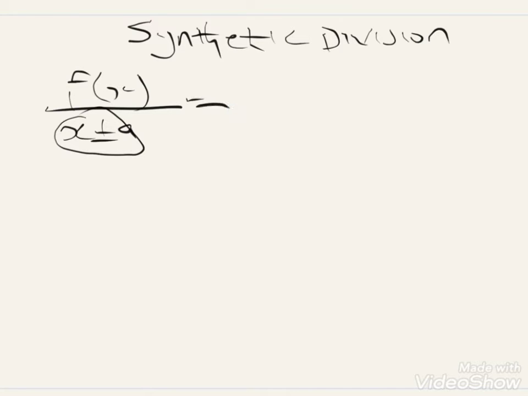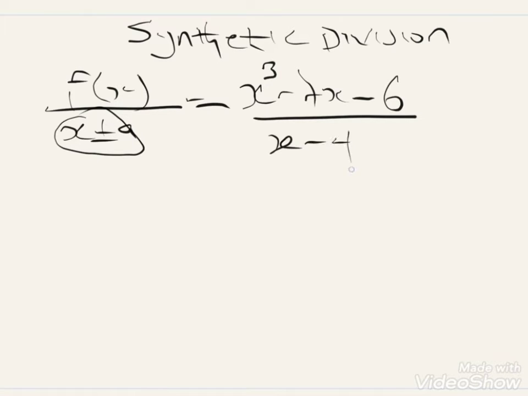Our example is x cubed minus 7x minus 6 divided by x minus 4. So our aim is to find the division of this, okay? Usually we normally use long division, but in this case we use synthetic division.